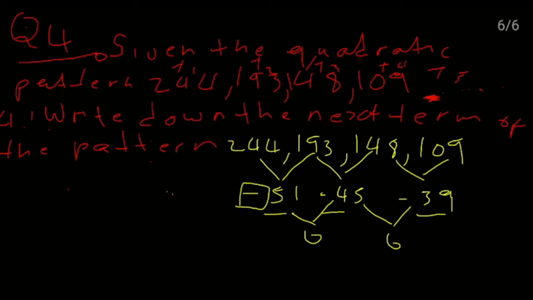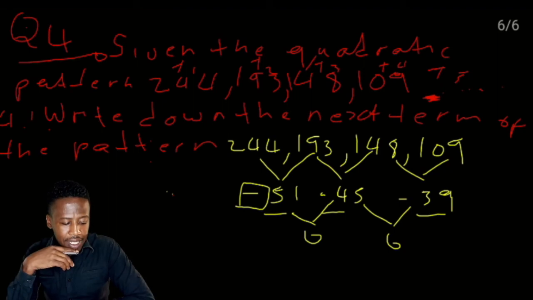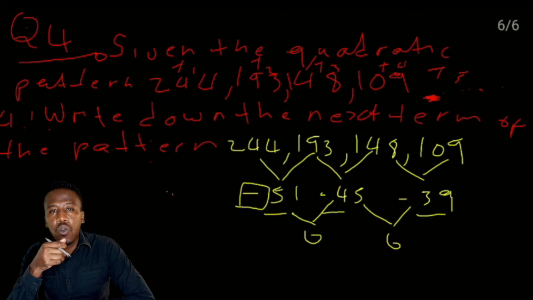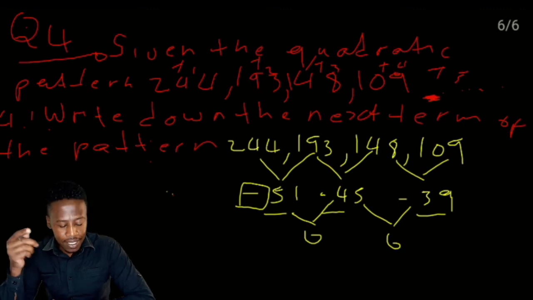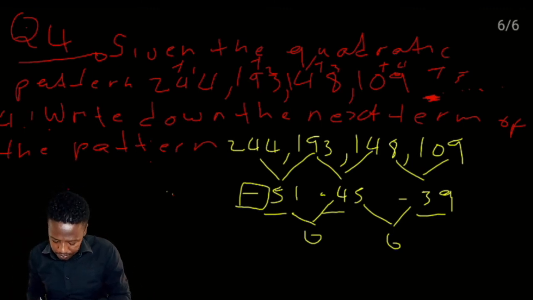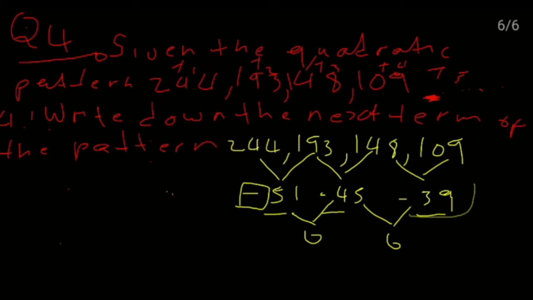Now determining the next term in the pattern. Since now you've established that your second difference is positive 6, just take the positive 6, put it in the next value that you have in the first difference.